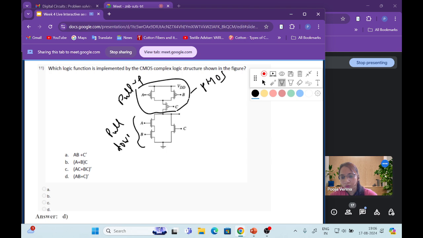The pull-down network is made by NMOS. So NMOS and PMOS are connected in opposite. From either the pull-up or pull-down network, you can make a logic function. Here we can see that A, B are in series.